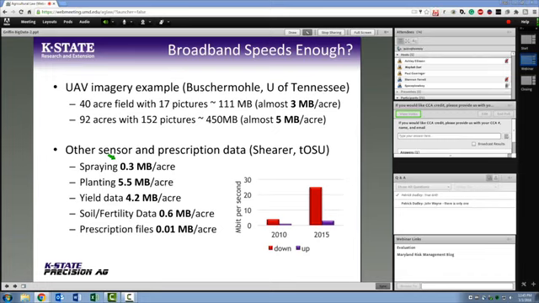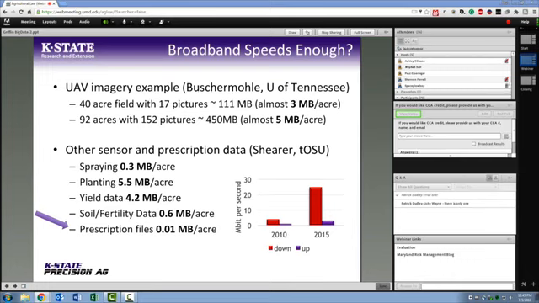Look down that list. One of these is very much different than the others, and for 2 different reasons. It's prescription files. One, it's a whole lot smaller, but also it's inherently different.